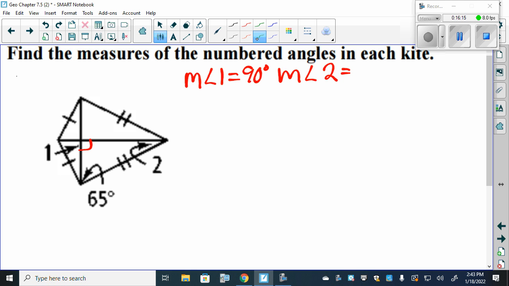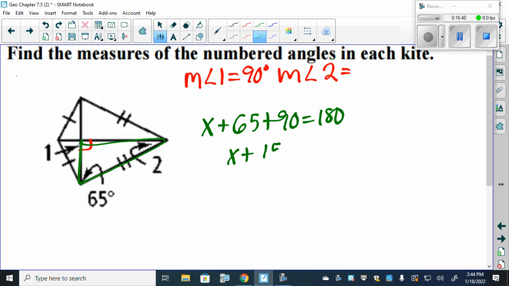But again, this here does make a triangle, so those three angles will add together to be 180. So we can say that angle 2 plus 65 plus 90 is equal to 180. So we can say 90 plus 65 is 155 is equal to 180.